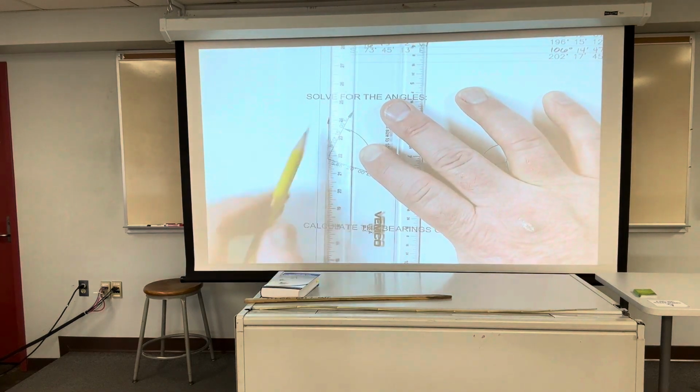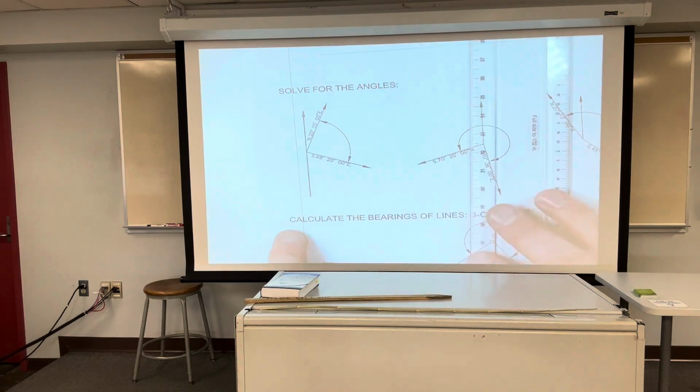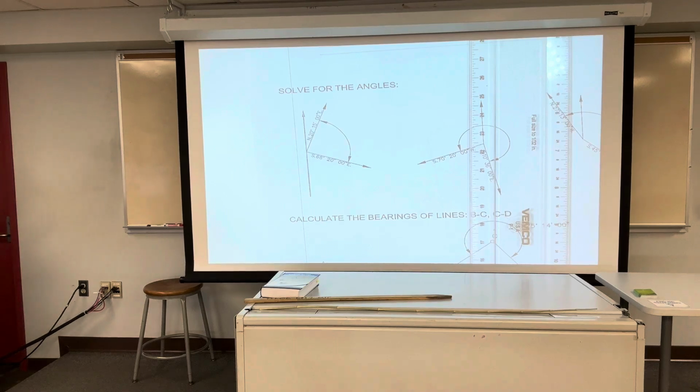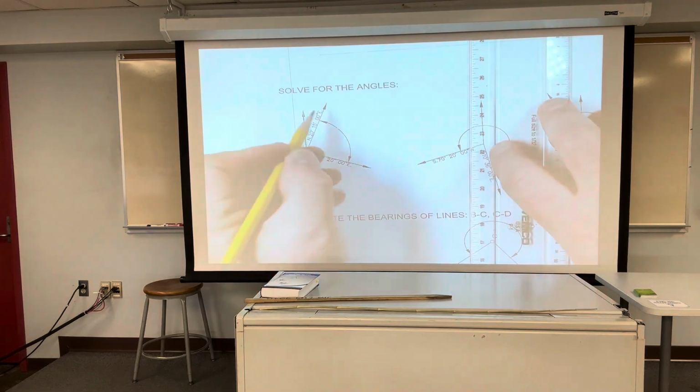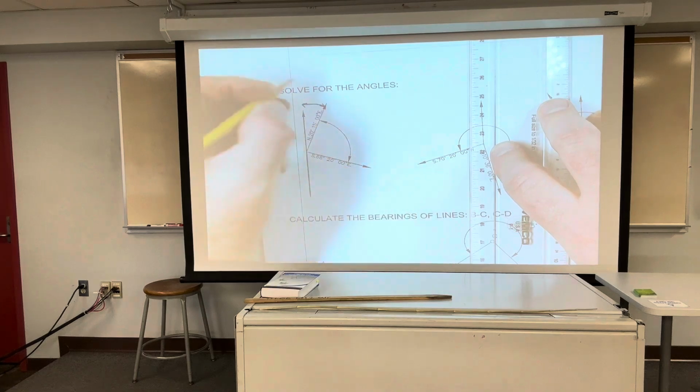Here's the first thing I would like to do. Again, being a very visual person, I'm going to extend that north-south line. And that just helps me visualize, okay, what information do I know? I have these two bearings. Well, hey, I know bearings come off of the north-south line. That northeast bearing is this angle right here.